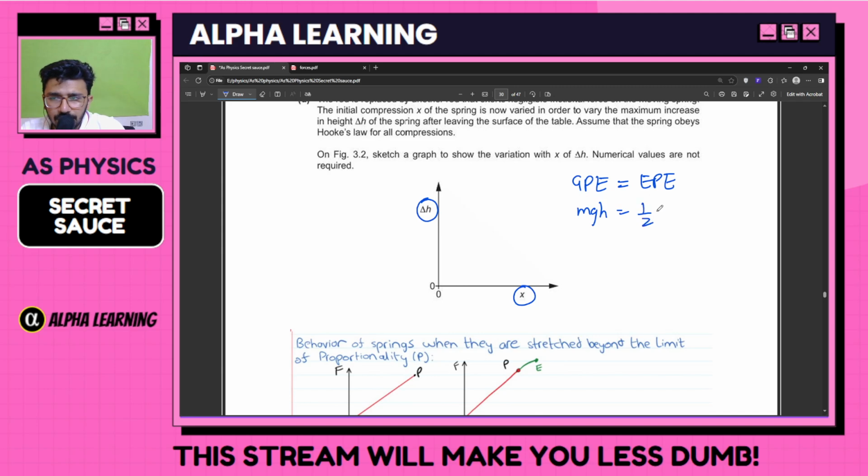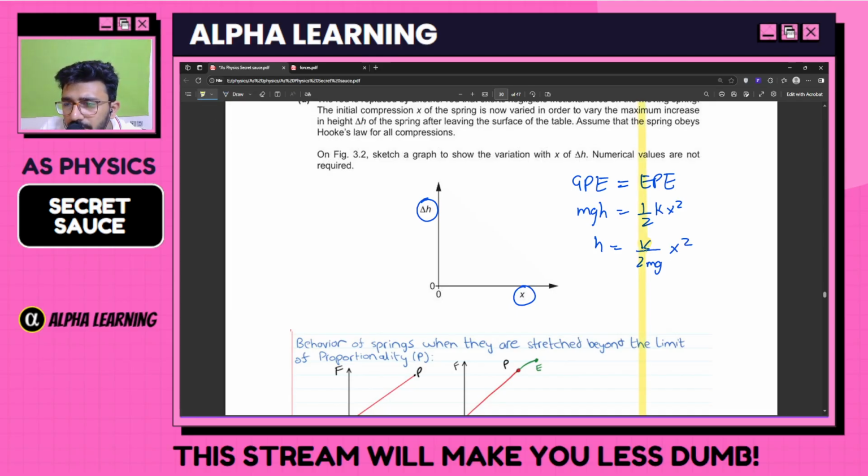Elastic potential energy is half kx square. Bring mg to the other side. Height is equal to 1 over, you can say, k upon 2mg times x square. Now can you realize k is also a constant, 2mg is also a constant, all this fraction is a constant, h becomes directly proportional to x square. You again have an increasing curve like this.